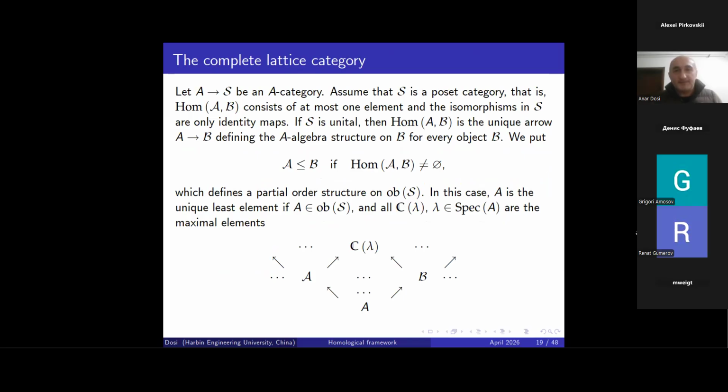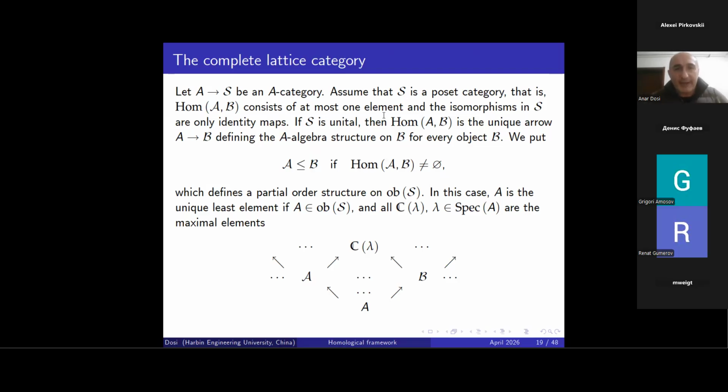Okay. Now I wish to attack the functional calculus problem. So that was the spectral mapping theorem. Next, I'm targeting something else. Well, I will put more restriction over the category. Let's take now a category, and assume that it is a posetal category.